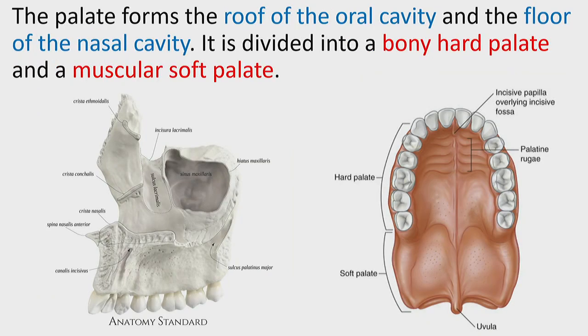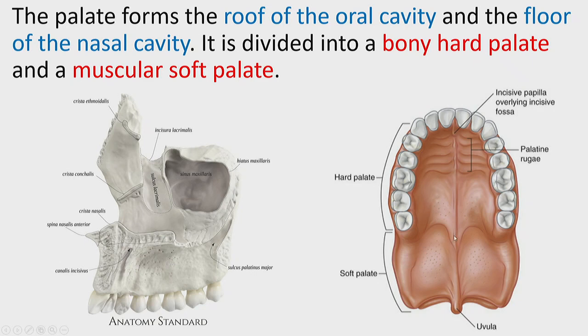The palate not only makes the roof of the oral cavity, but it also makes the floor of the nasal cavity as well. So it makes a roof for the oral cavity, but a floor for the nasal cavity.